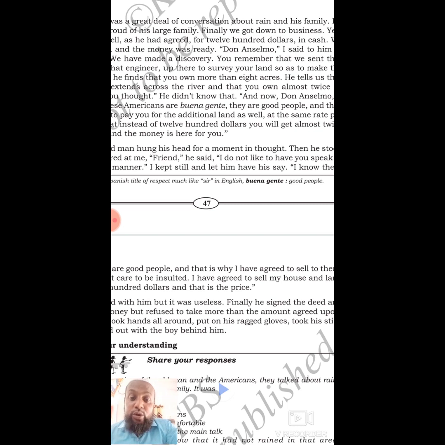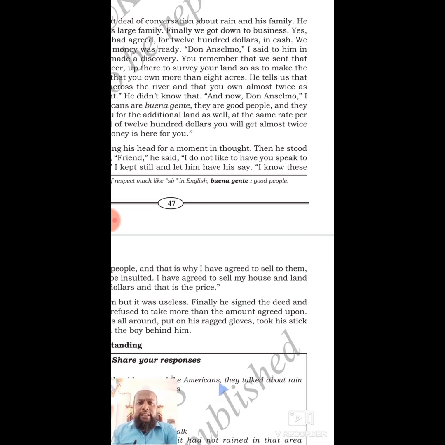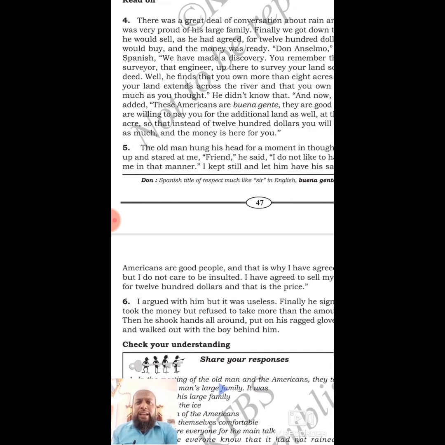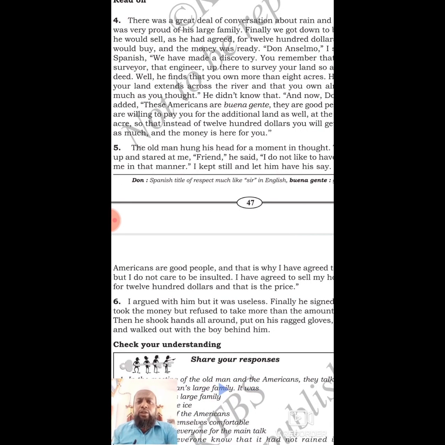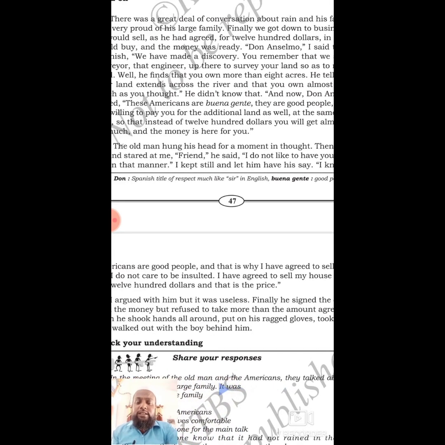Cedillo told Don Anselmo that the surveyor tells us that your land extends across the river and that you own almost twice as much. It is double, 8 acres more than that. So you have more land.